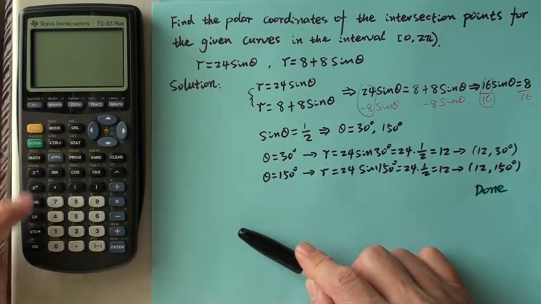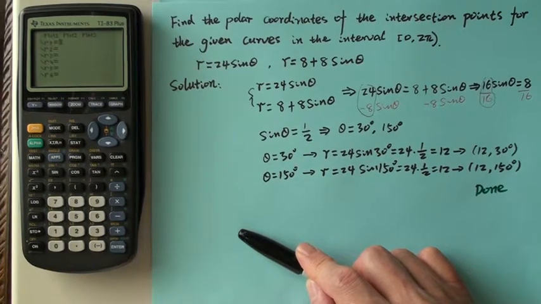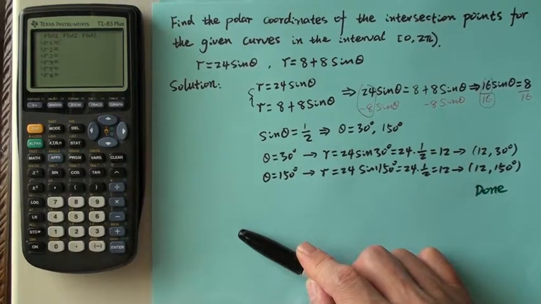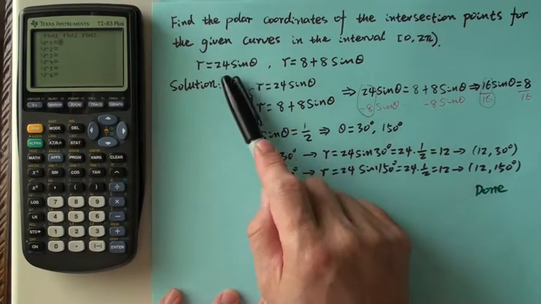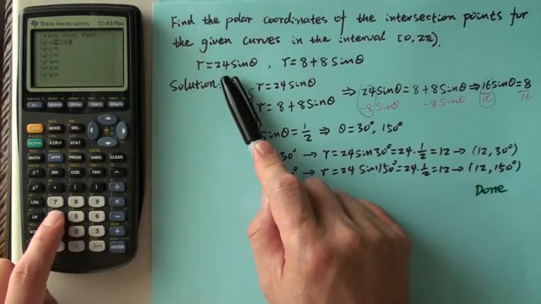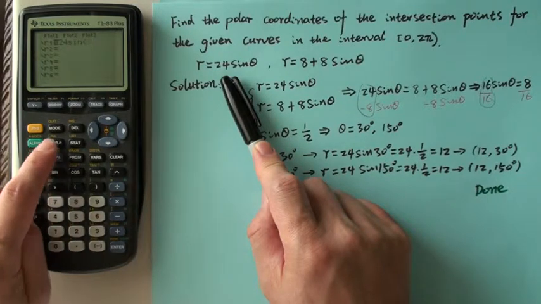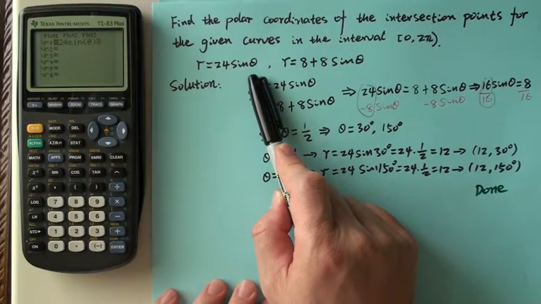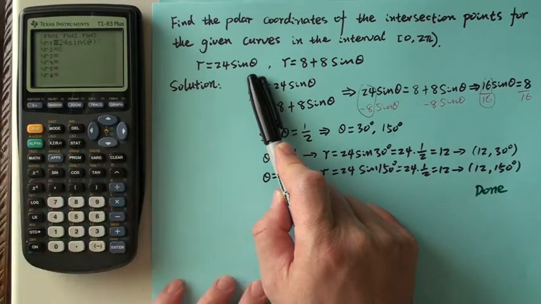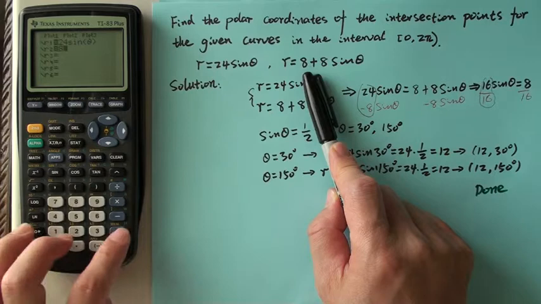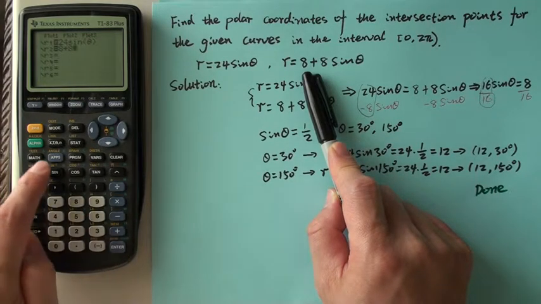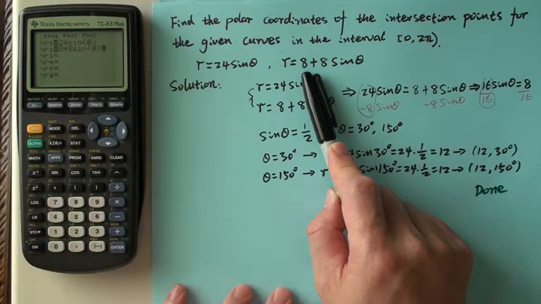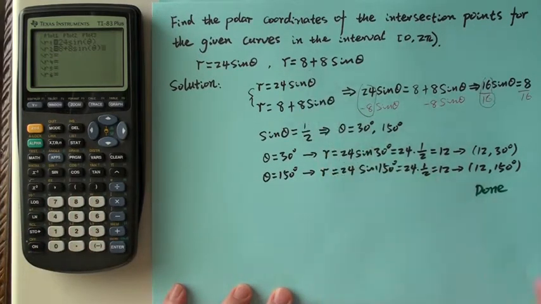Turn on your calculator. We are already in polar coordinates. So input 24 sine theta, close parenthesis. That's the first equation. The second one is 8 plus 8 sine theta, close parenthesis.